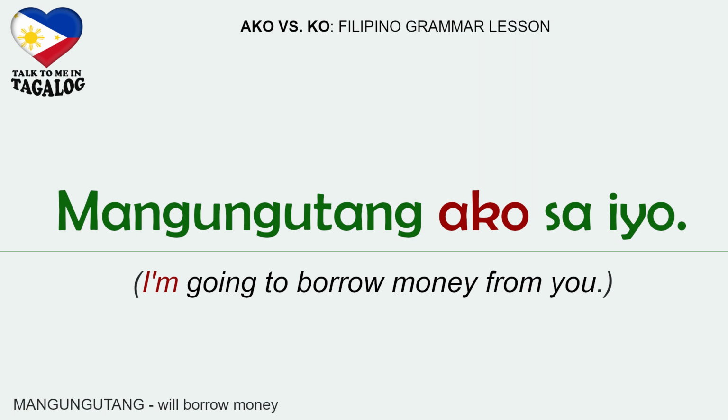Next is an example of a Tagalog verb which can be a mouthful for many foreign learners. Mangungutang, meaning we'll borrow money from someone. Mangungutang ako sa'yo. It's a verb, so we have to use ako.